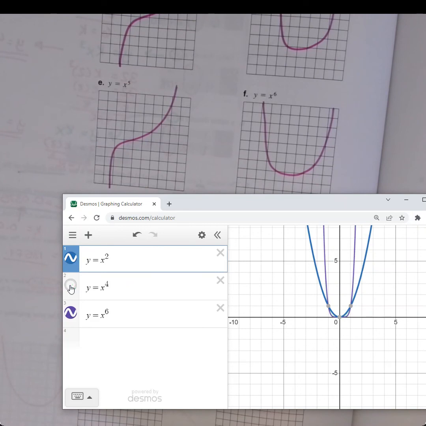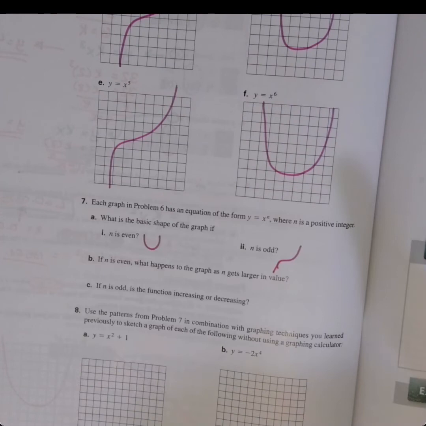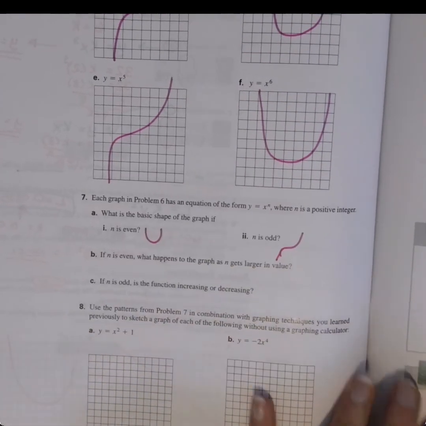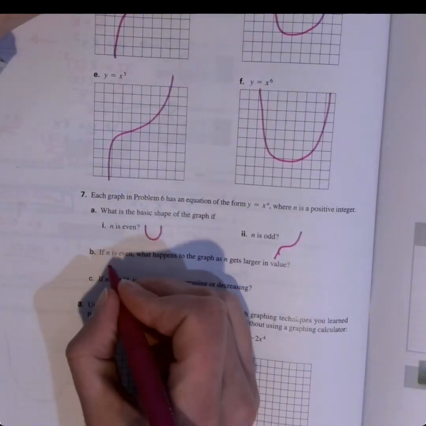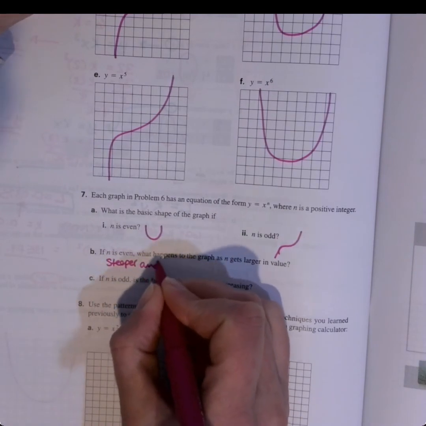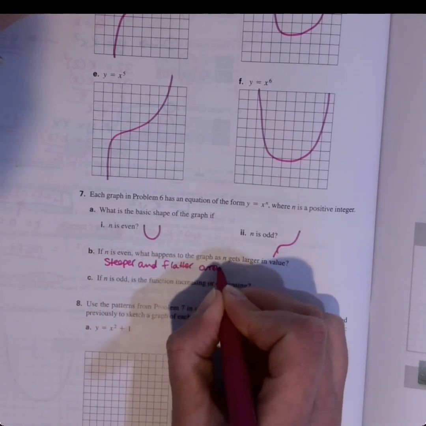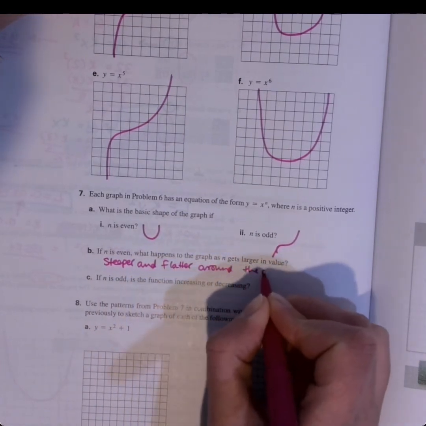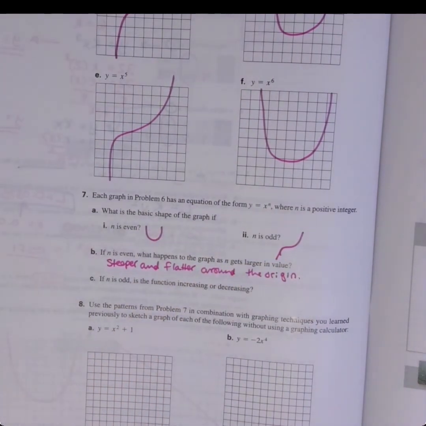Then it gets a little narrower and then even narrower, and also even flatter. So big values get bigger, small values get smaller. As n gets larger, the graph gets steeper and flatter around the origin. Large values get larger, small values get smaller.